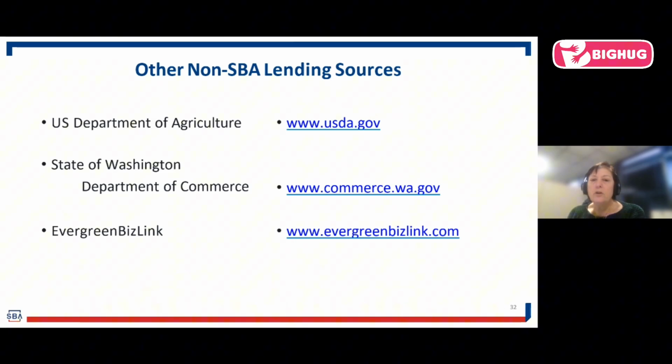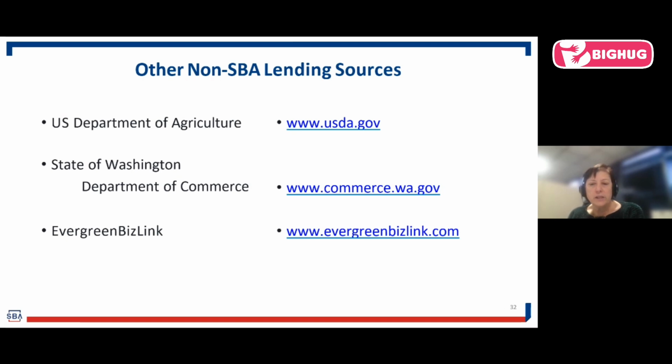All right, other non-SBA lending sources include our sister agency, the U.S. Department of Agriculture. If you're in a rural market area where the population base is less than 50,000, you might want to check it out and look at some of their programs. The state of Washington Department of Commerce does an outstanding job of offering a variety of funding programs for small businesses in our state.